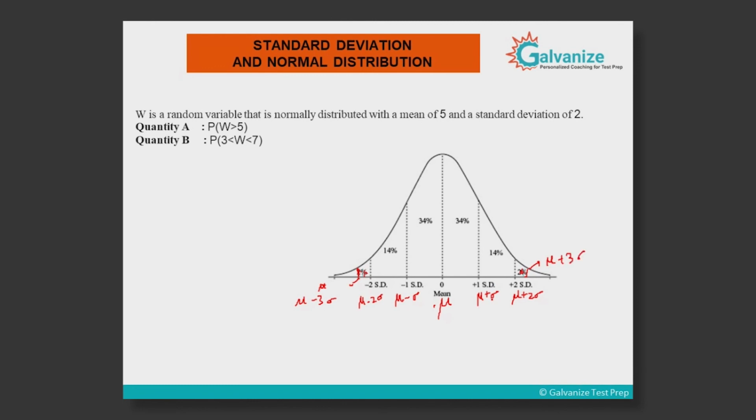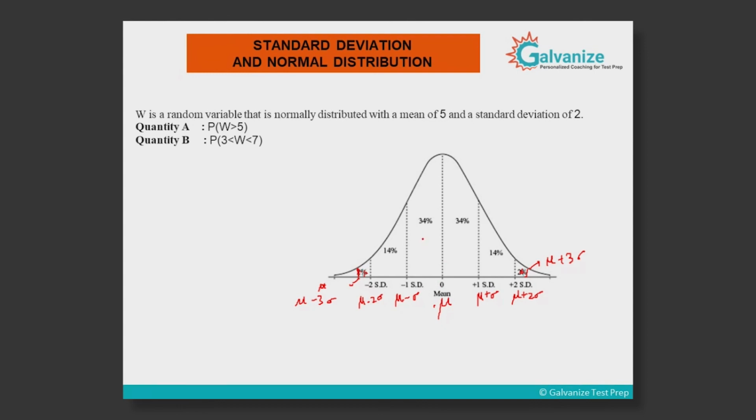Now, when I say mu plus sigma, it means there is a discrepancy of one standard deviation from the mean, which means the people in this range are one standard deviation above the mean. The people in this range have a height which is 1 standard deviation less than the mean. That's what it means.